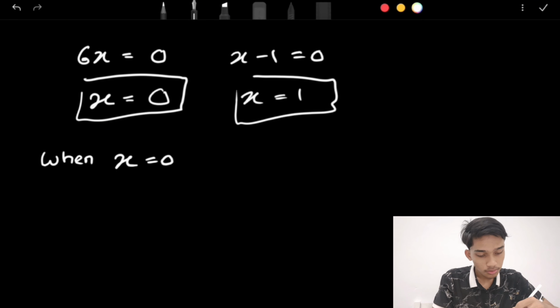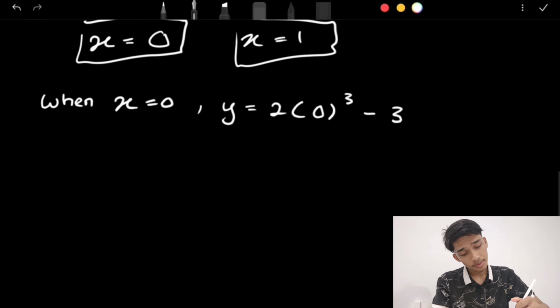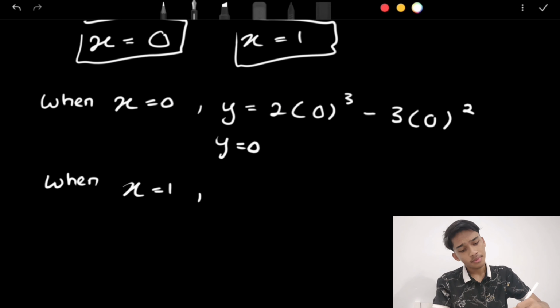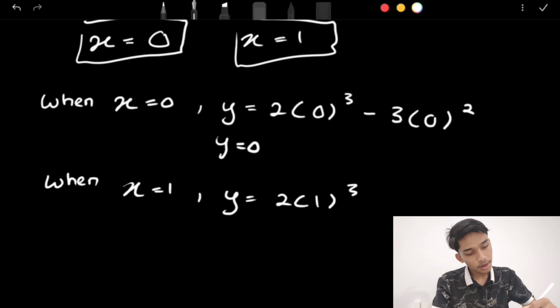When x equals 0, y equals 0 to the power of 3 minus 3 times 0 to the power of 2. Then we get y equals 0. When x equals 1, y equals 1 to the power of 3 minus 3 times 1 to the power of 2.